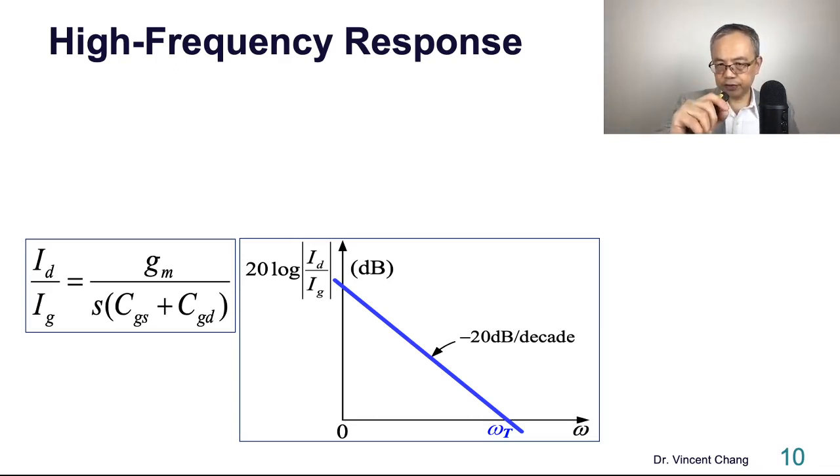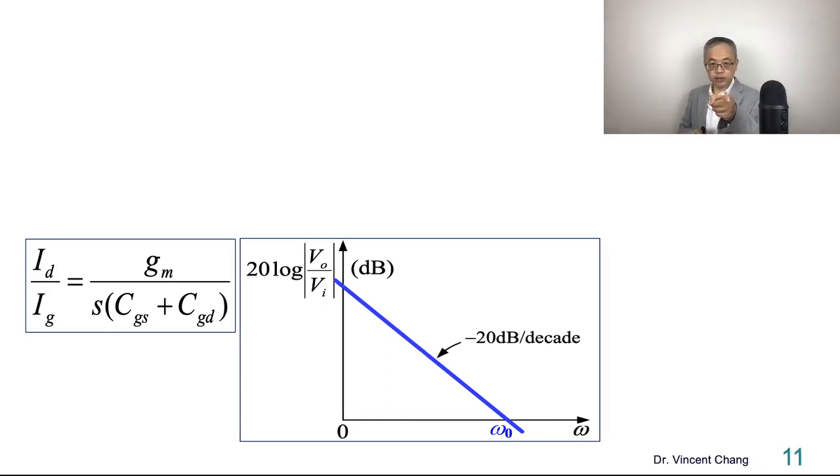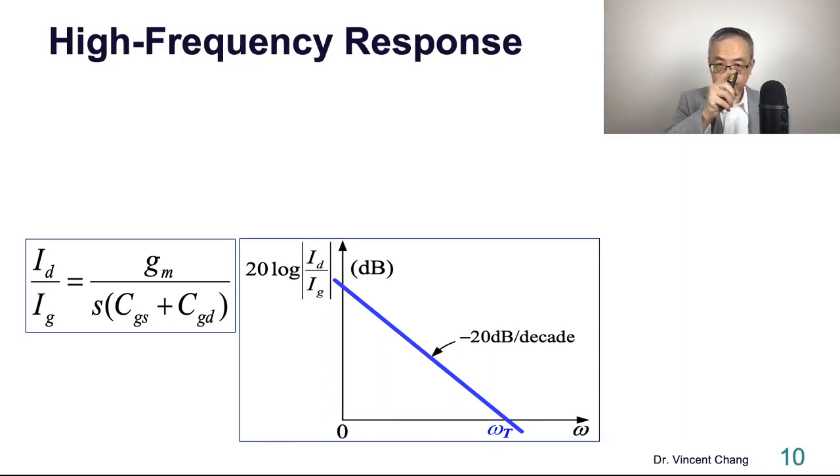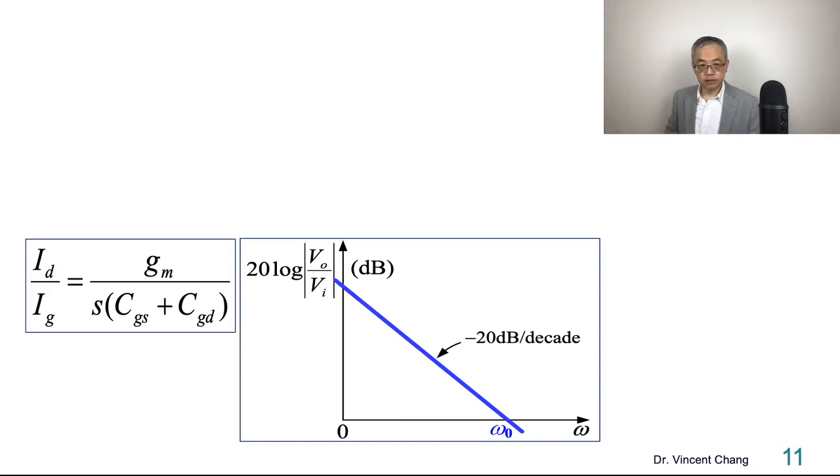If you are stuck on this, cannot follow this, then I suggest you just pause and think about this. You see what changed? The straight line is not changed, but the current gain becomes the voltage gain, right? So which circuit is associated with this frequency response?